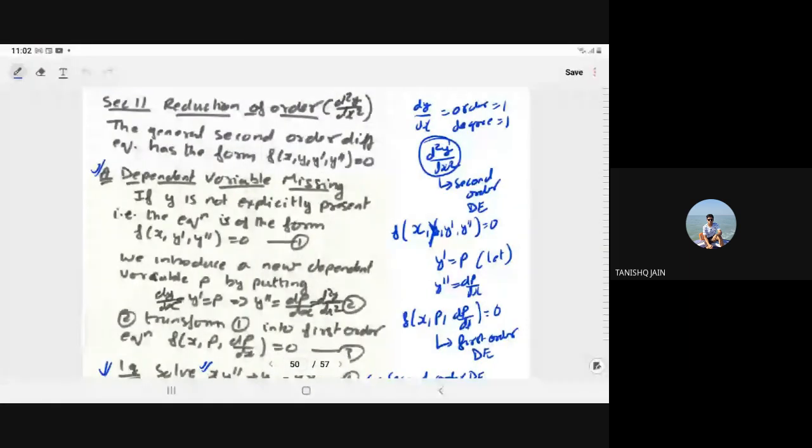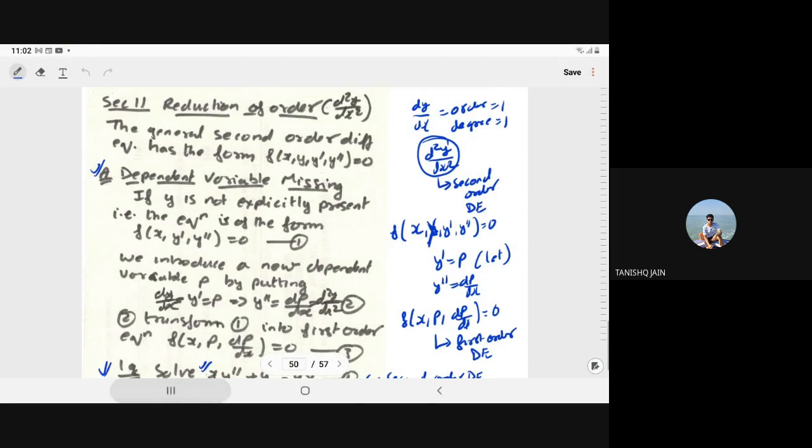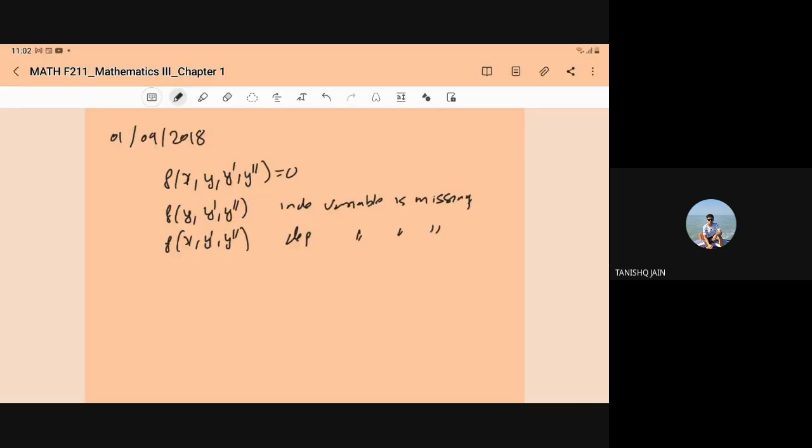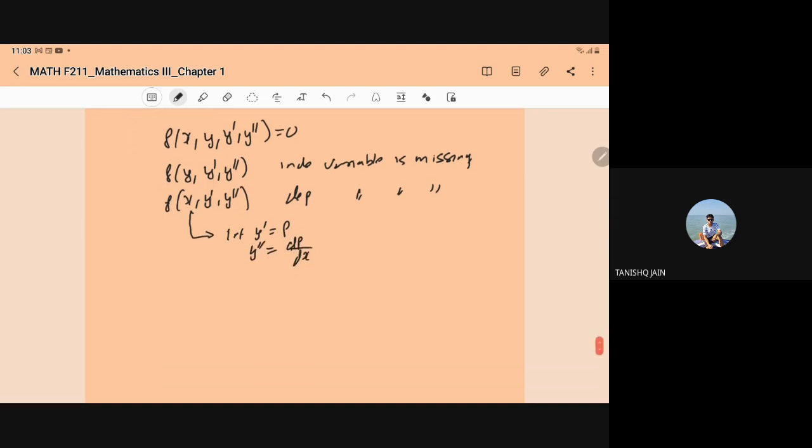When the dependent variable is missing, at that time we assume y dash is equal to p. So y double dash will become dp by dx.